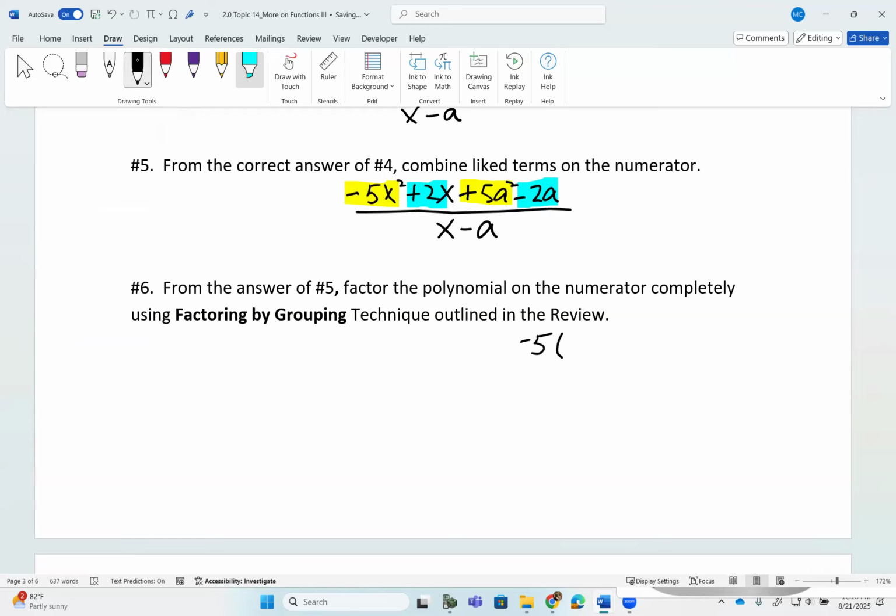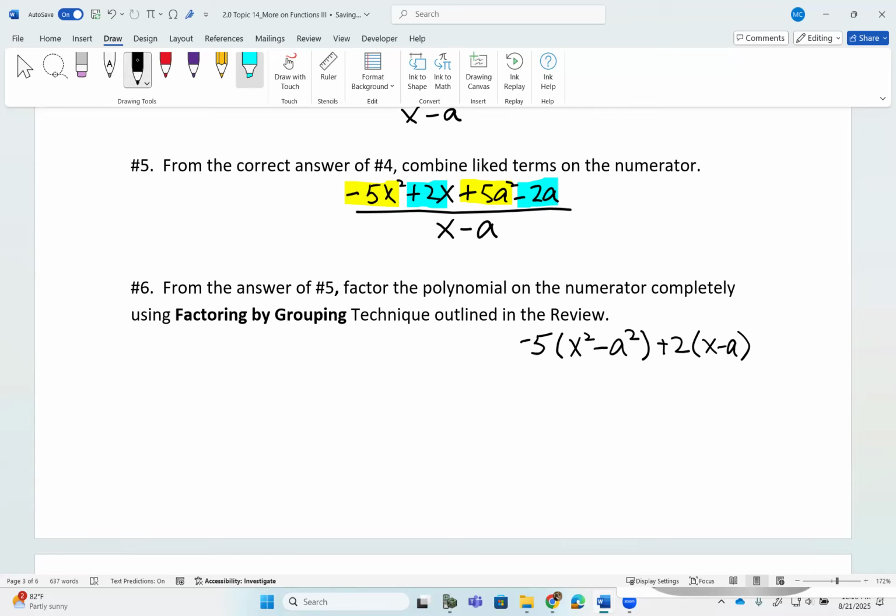Because if I factor out negative 5, negative 5 going into negative 5x squared is positive x squared, times, negative 5 going into positive 5a squared is negative a squared. So if I factor out negative 5 between those two terms in yellow, this is what I will end up with. Between the second and the fourth term, which I highlight in blue, I can factor out a positive 2. That's the greatest common factor. And what I end up with is just an x and a negative a. There you go.